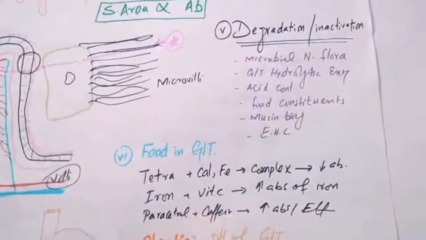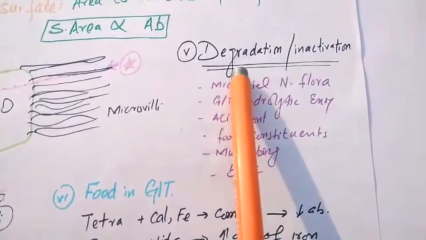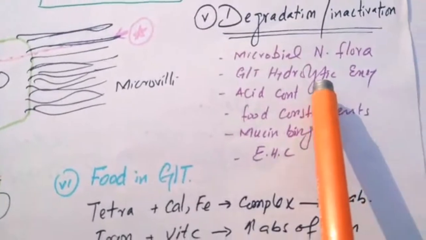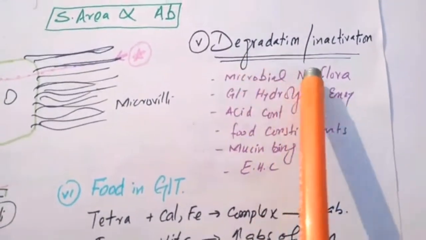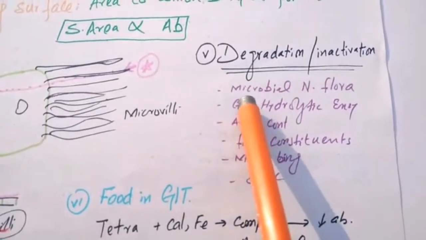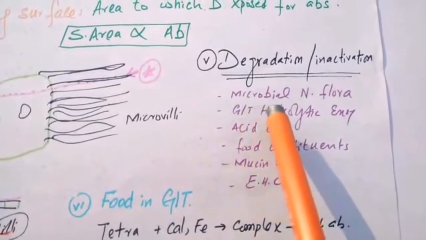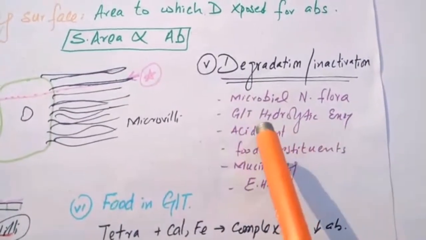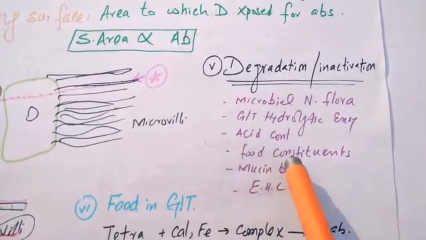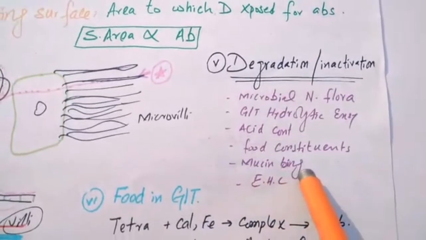The next physiological condition is degradation or inactivation of the drug in the GIT. The degradation and inactivation of drug may occur through microbial normal flora or GIT hydrolytic enzymes, acidic content of the stomach, food constituents of the stomach, and mucin binding.